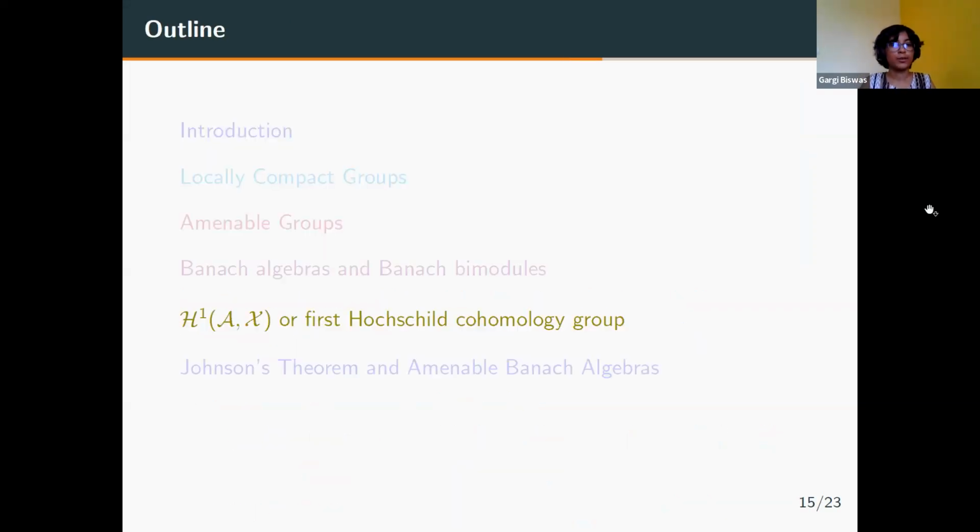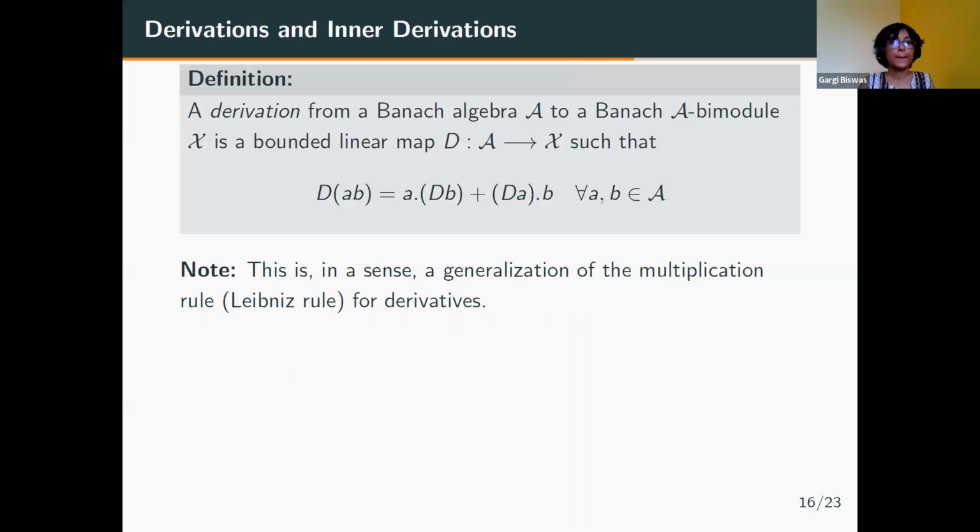Okay. So next I come to what is H1(A,X), the first Hochschild cohomology group. So let's first talk about derivations. A derivation from a Banach algebra A to a Banach A-bimodule X is a bounded linear map D such that this condition holds: D(ab) = a·D(b) + D(a)·b.